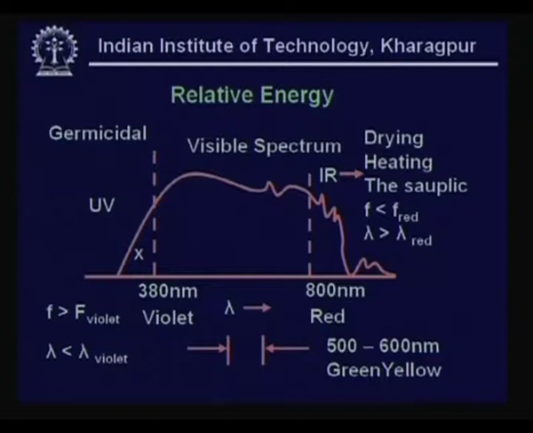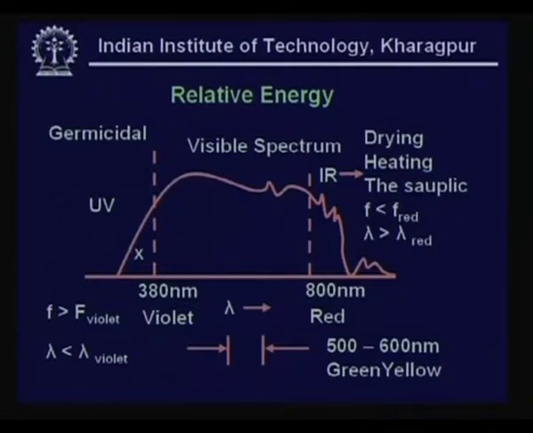The spectrum spreading over this region is what we call the visible spectrum. As may be seen, in the mid region the relative energy is a maximum, and this spans 500 to 600 nanometers, falling in the green-yellow region.